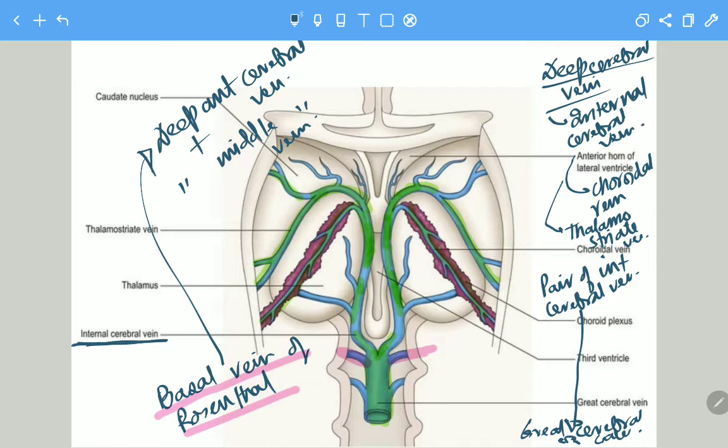So this basal vein of Rosenthal, which also drains into the great cerebral vein, is formed by the union of the deep anterior cerebral vein and the deep middle cerebral vein.